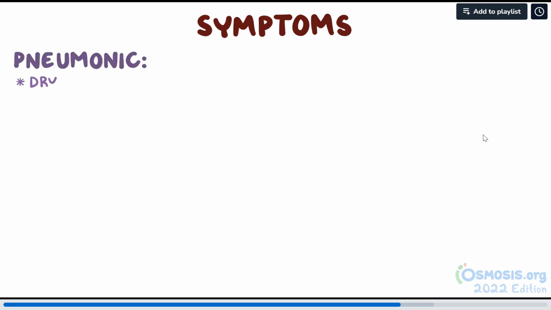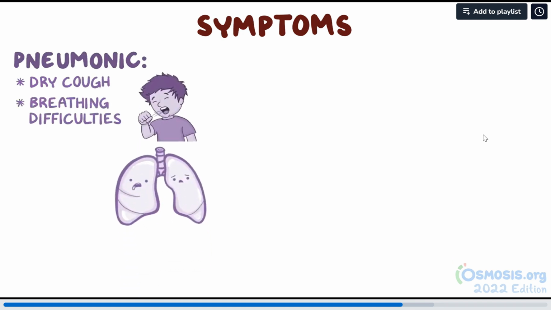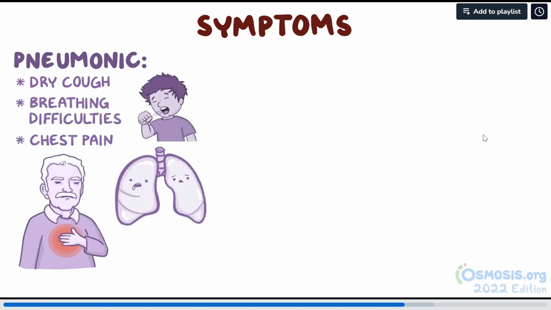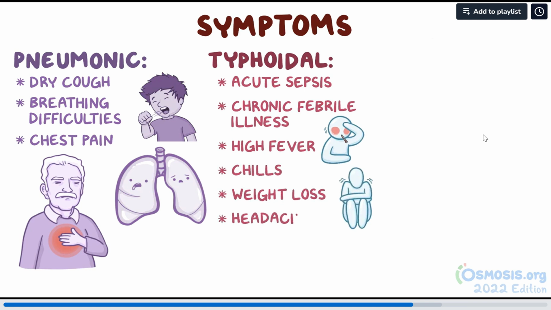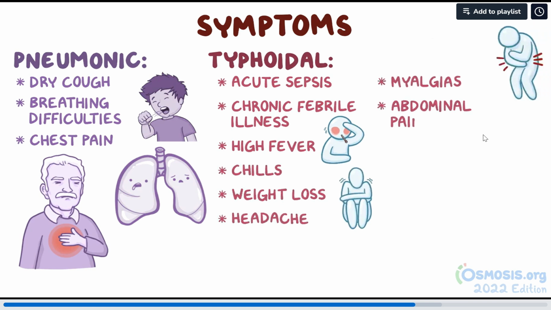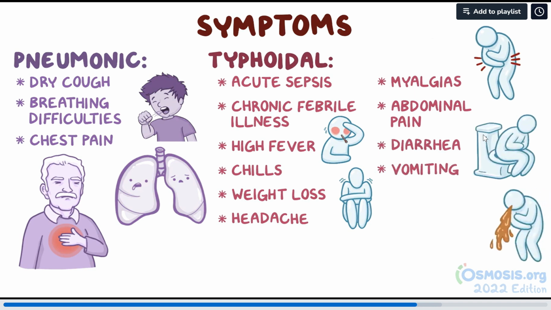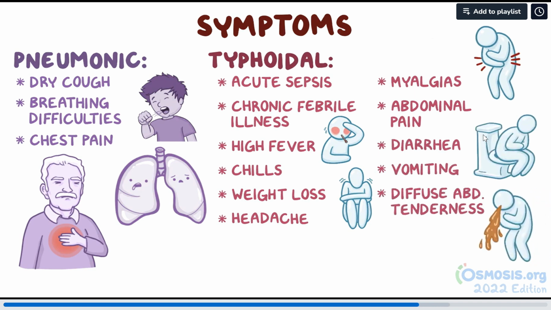The pneumonic form associates a dry cough, breathing difficulties, and chest pain. And finally, the typhoidal form ranges from acute sepsis to chronic febrile illness, and develops with high fever, chills, weight loss, headache, myalgias, abdominal pain, diarrhea, vomiting, and diffuse abdominal tenderness.